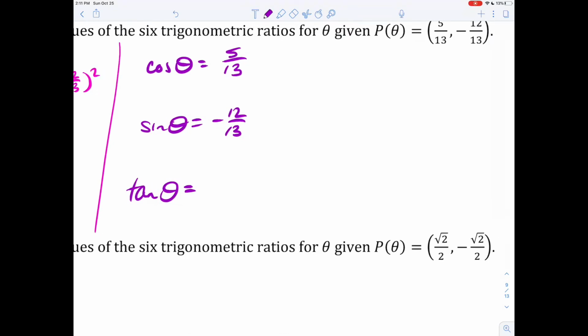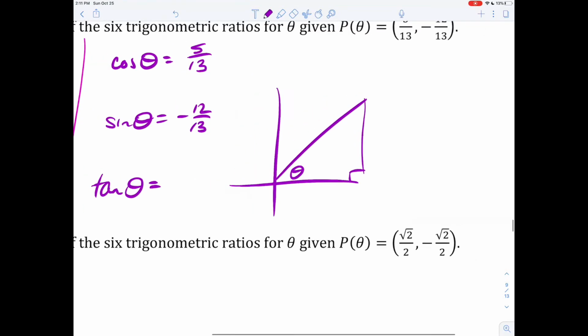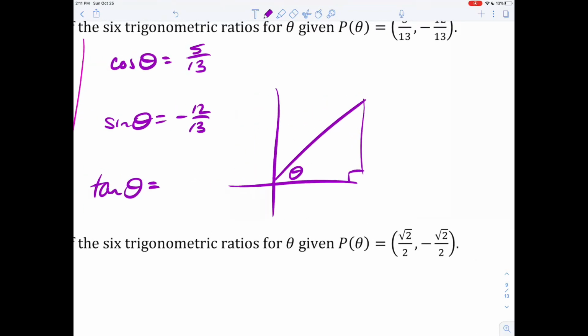Well, for that, we can use a very special identity, and that's that tan theta is sine theta over cos theta. Or if you want, you can say that based on that diagram earlier, there's theta, and here's our right triangle. We can just say that it's opposite over adjacent, right? Which is essentially y over x.